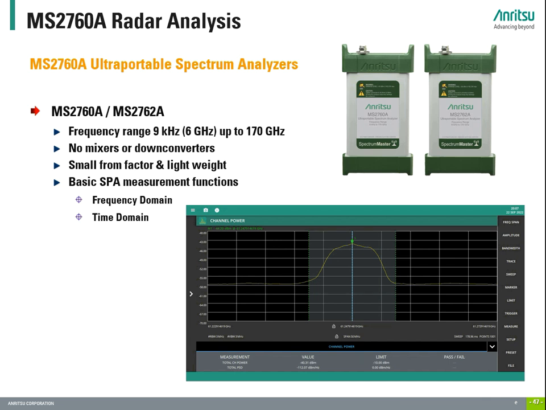The model is available in two different versions. First starting from 9 kHz and going into different versions up to 170 GHz. But another special optimized version is starting at 6 GHz instead. This ultra-portable spectrum analyzer unit is focused on normal standard spectrum analyzer features.